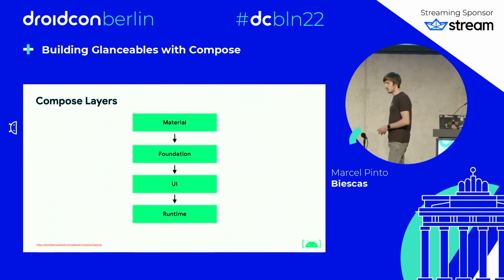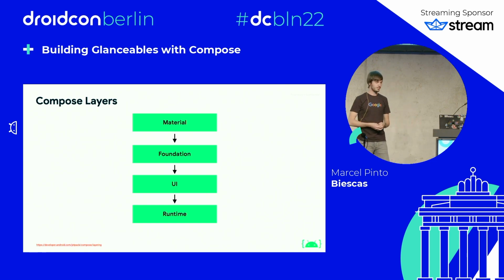Before I go further, I want to explain a bit the difference between Jetpack Compose and the Glance framework. As you might know, the Compose design is built on different layers that are stacked on top of each other to create a more complete set of composables that you can use to define your UI.